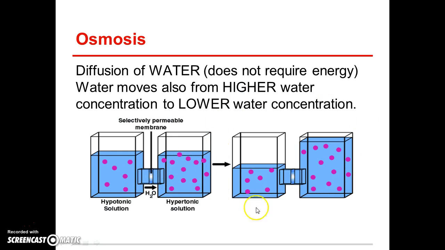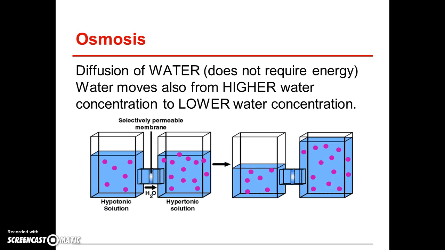And over time, this is what we will see. Water indeed moved over into this chamber. It went from where it was more concentrated to where it was less concentrated. And you guys, this is where you can get caught up and confused. With osmosis, we are looking at the concentration of water.